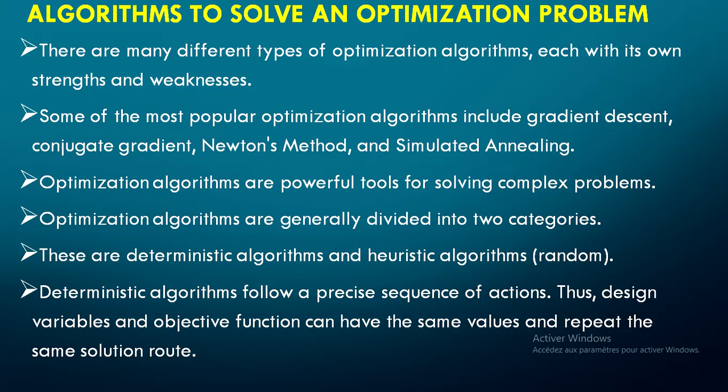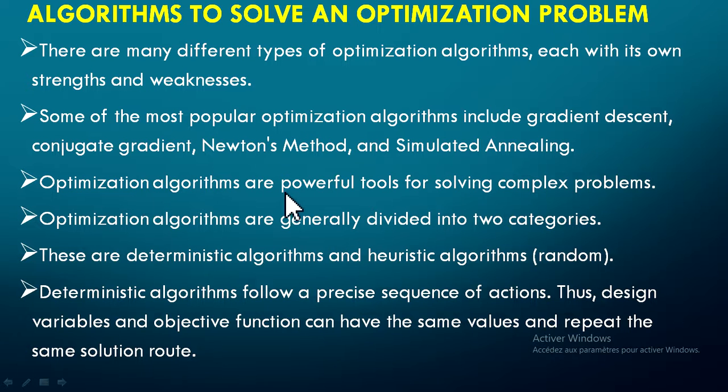What are the algorithms which solve an optimization problem? There are many different types of optimization algorithms, each with its own strengths and weaknesses. Some of the most popular include gradient descent, conjugate gradient, Newton's methods, and simulated annealing.